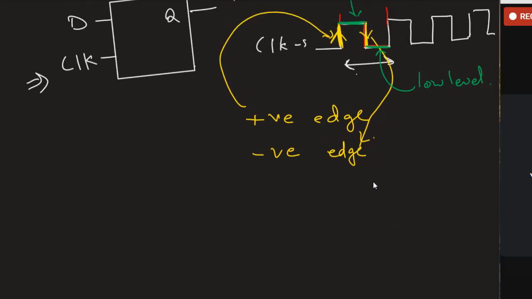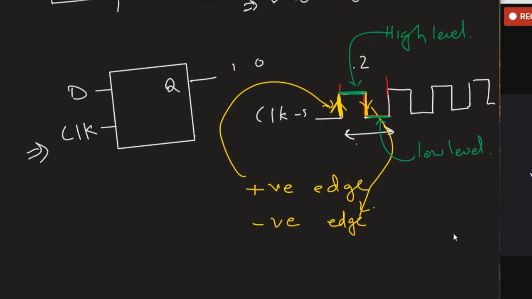One is a positive edge or rising edge, then there is a high level, then a negative edge or lowering edge, and then a low level. Out of these four, let me give them numbers. Positive edge is the first, second let's call it high level, third is negative edge, and the fourth is low level.